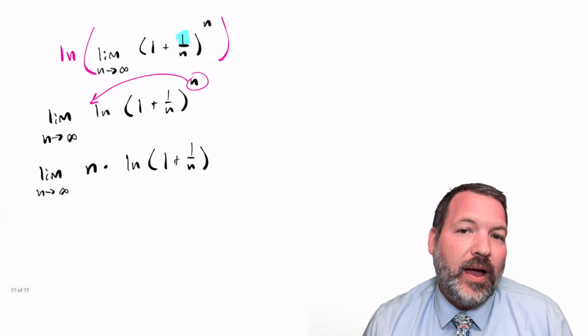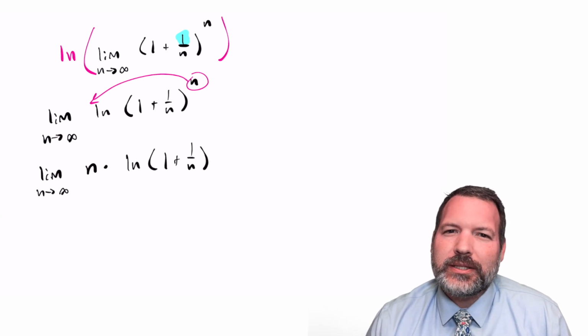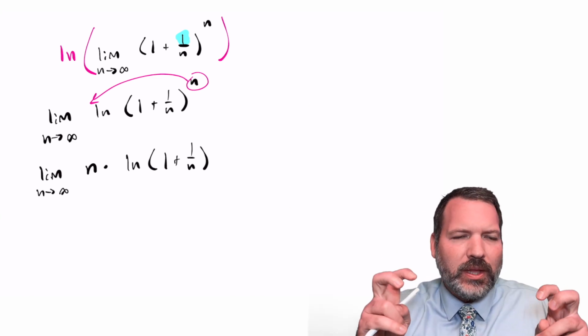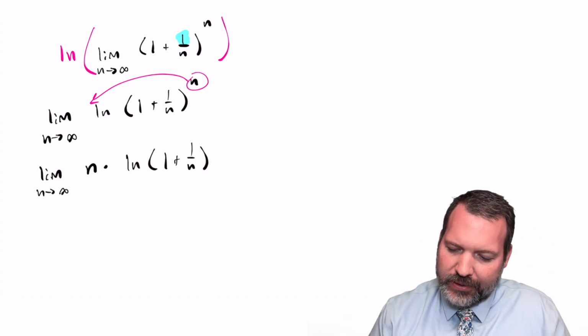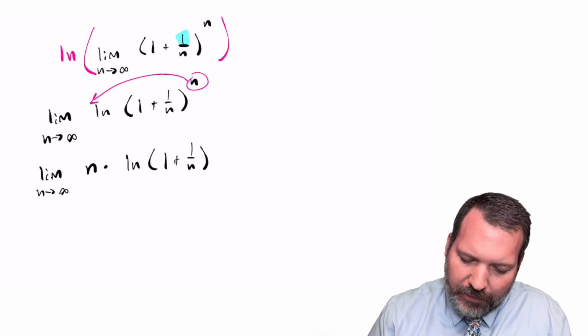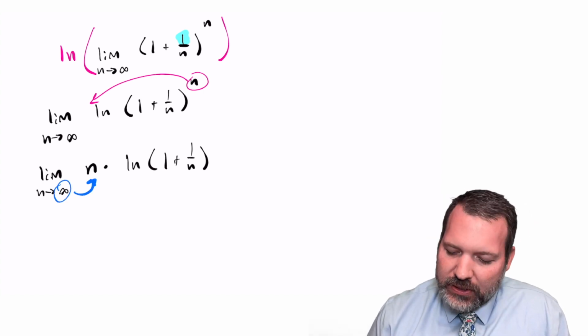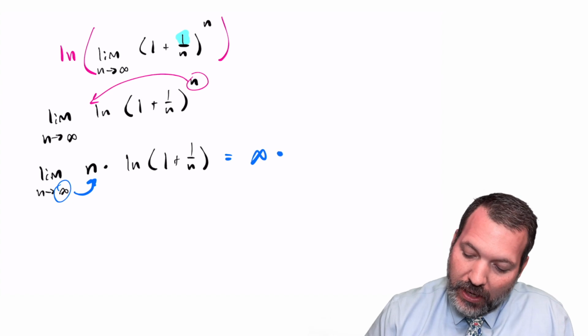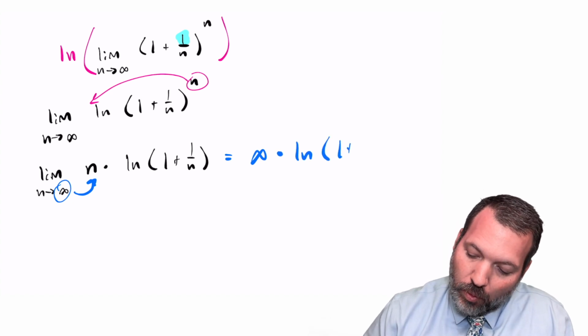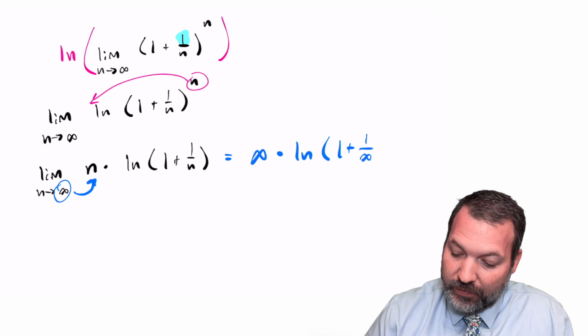When we're back over here, having used the logarithm, we can start to get a sense of what we mean by that something else, that small thing being raised to a big power, and how those are balancing out. If you plugged in infinity right now for n, this limit would evaluate to infinity, that's the n part, times the natural logarithm of 1 plus 1 over infinity, essentially.